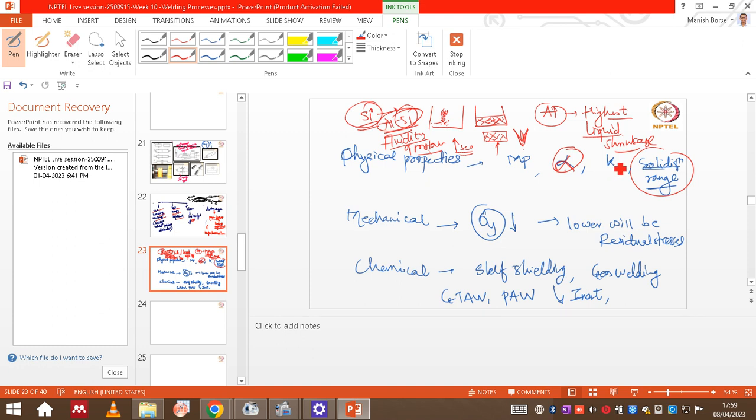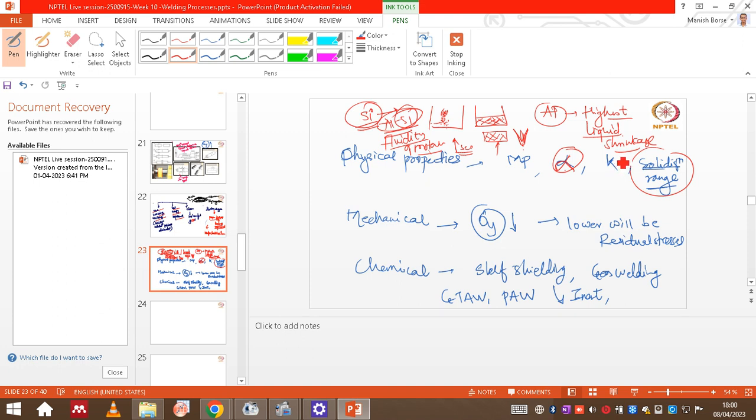And if the material has lower thermal conductivity, then heat will be contained in the material, right? So lower melting point, lower thermal coefficient of expansion, that should not be negative or positive, it should be low, as close to zero.